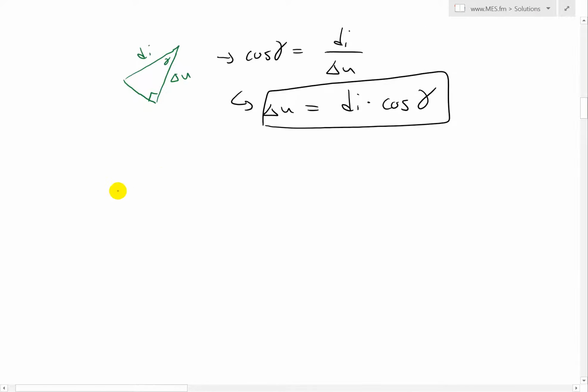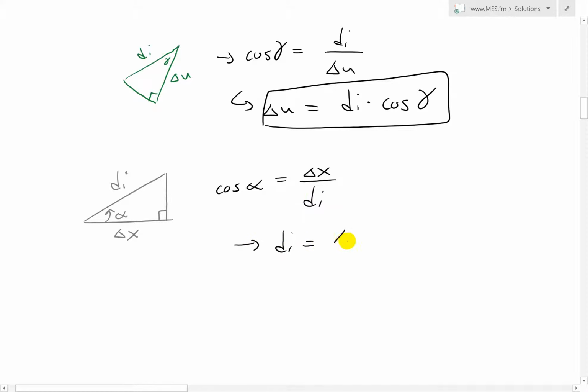So this is our di, this is a right angle triangle, this is our delta x, and this is our alpha. So cosine alpha is equal to delta x over di, adjacent over hypotenuse. So di is equal to, shifting this around, delta x over cosine alpha.